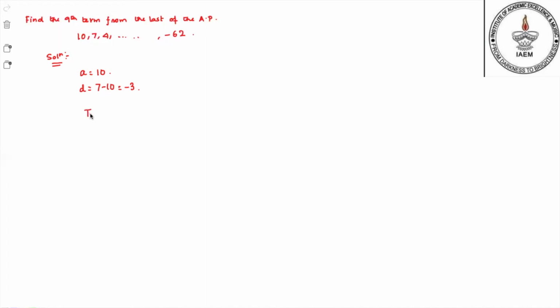So as per the formula, Tn equals A plus (n minus 1) into D, we will have minus 62 equals 10 plus (n minus 1) into minus 3, or minus 72 equals (n minus 1) into minus 3, or n minus 1 equals 24, n equals 25. That means the total number of terms in this AP is 25.